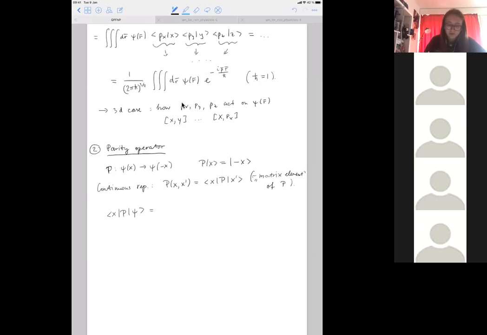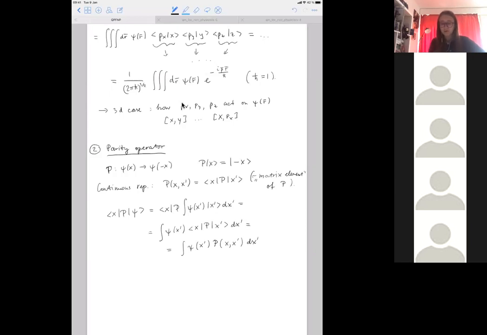Then you just write it out as: we have bra x, then there is an operator P, and then we can write out psi in terms of the x basis, which is psi of x prime, dx prime. Then what we get is psi of x prime, bra x P ket x prime, dx prime. So we have psi of x prime, P of x, x prime, dx prime.